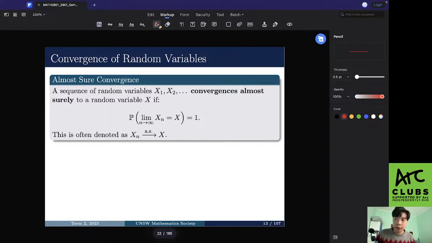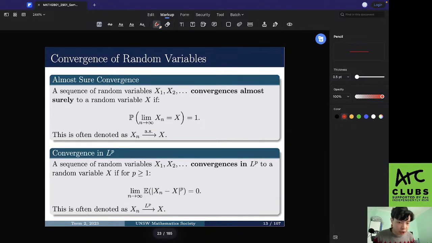So we have some other forms of convergence, specifically converging almost surely, which means the probability that the limit as n approaches infinity of xn is equal to x is 1. So that means we have this limit of our random variable being equal to the limit random variable having a probability of 1.